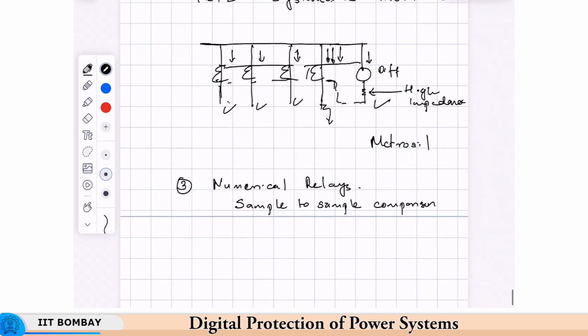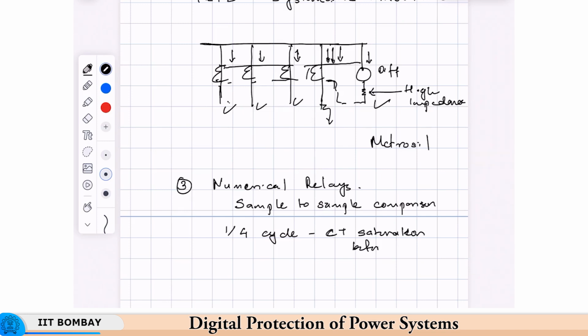So, that is why the sample to sample comparison can work in this case. Here the numerical or the digital samples that are obtained are compared to each other, and a very fast decision can be got even in quarter cycle. Okay. So, before the CT can saturate, you do not allow the CT to saturate at all.